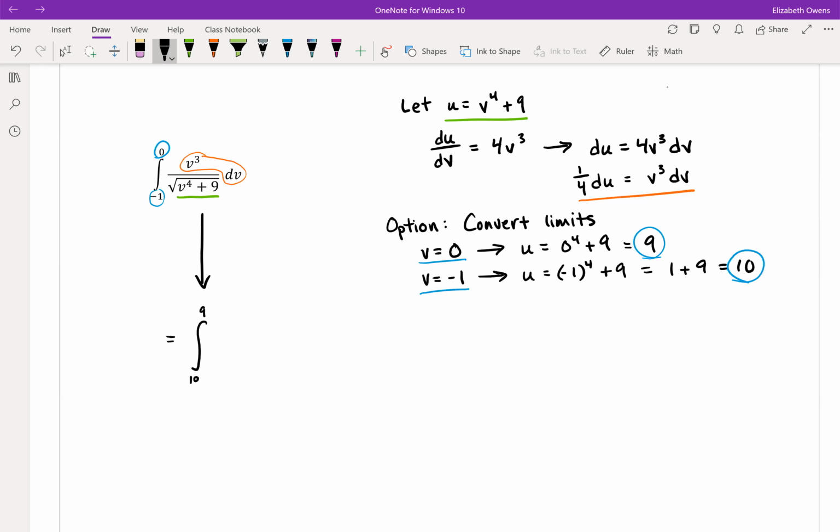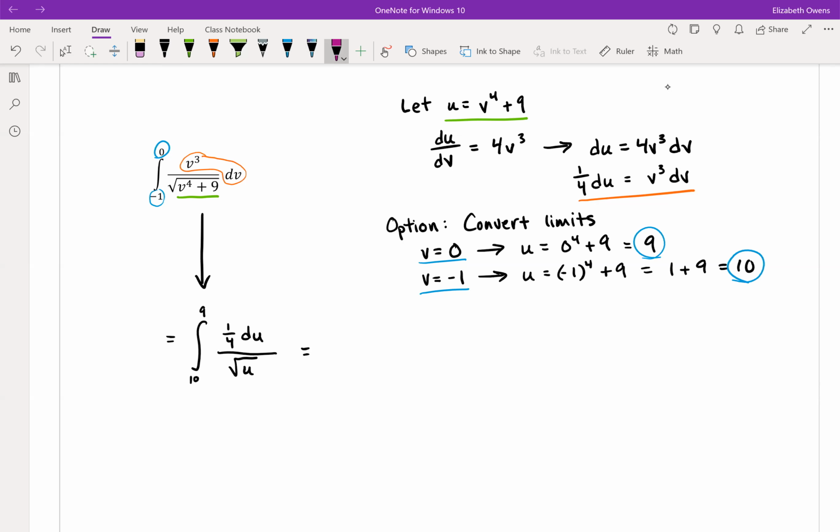And then inside the integral here, we're going to have v cubed dv. Those go together and get replaced with 1/4 du. And then down in our denominator, we have a square root with u inside. Okay, so let me just clean this up a little bit here.